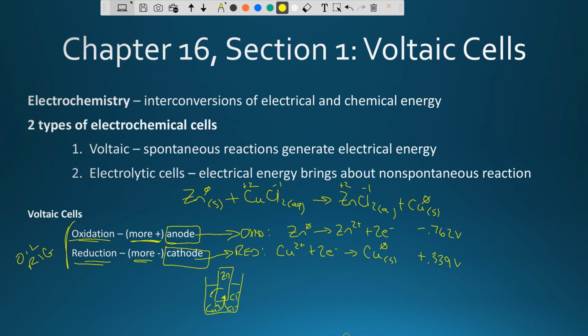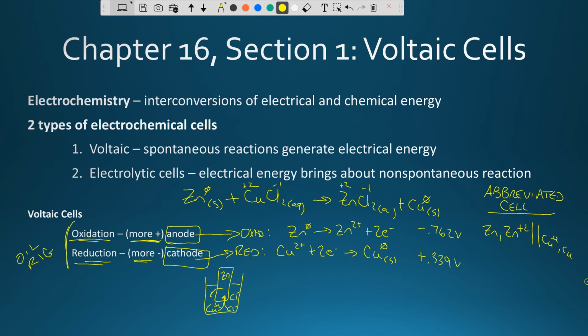I can abbreviate all of this information. The abbreviated cell reaction would just be saying that my zinc is forming a zinc ion, and on the other end of this, so that's going to be my anode, and even though I've got only one thing in here, I do have a cathode on there as well. And so my cathode is the part that's getting reduced, and that's going to be my copper ion going into copper.